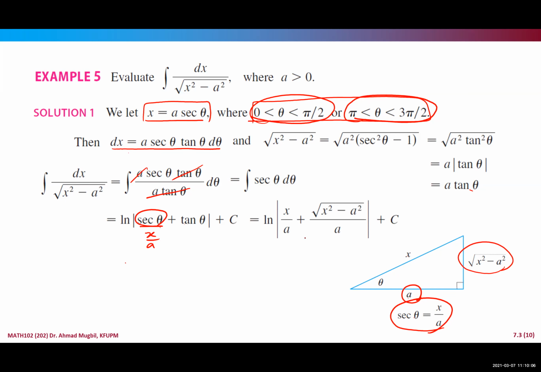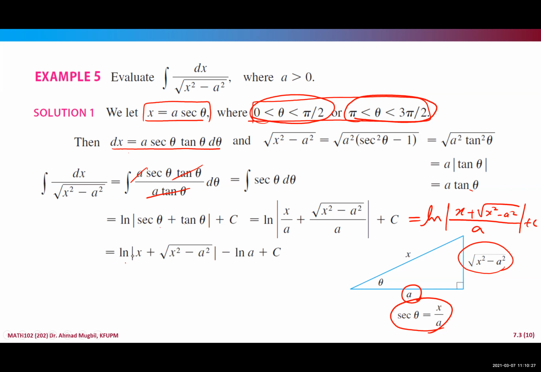You can simplify this, ya shabab, because you can write this as ln the absolute value of x plus the square root of x squared minus a squared, all over a. And by the properties of the logarithms, you can write this as ln the numerator minus ln the denominator.